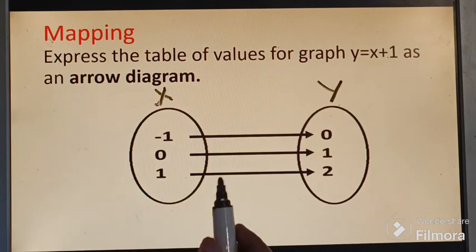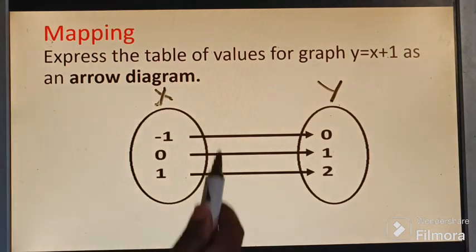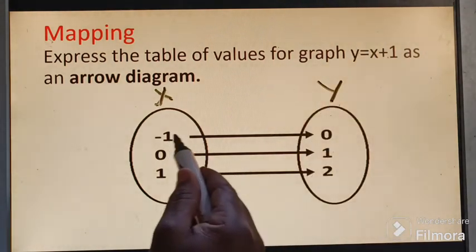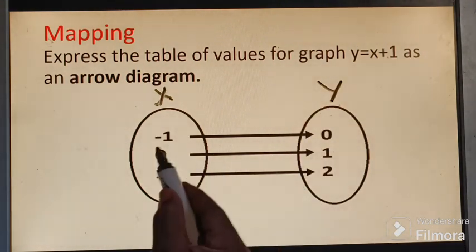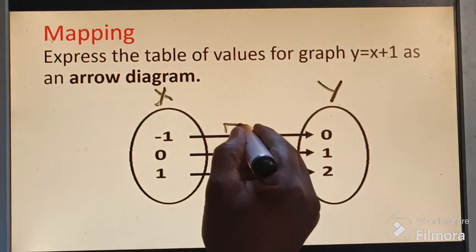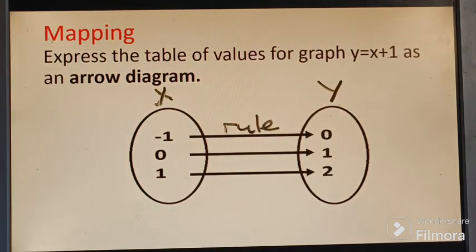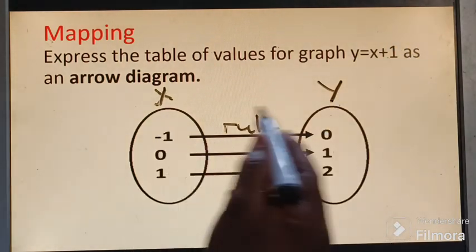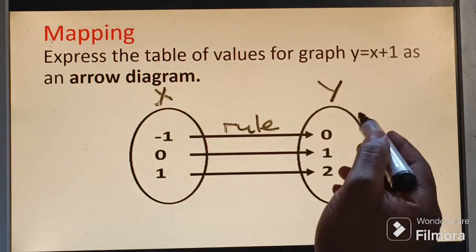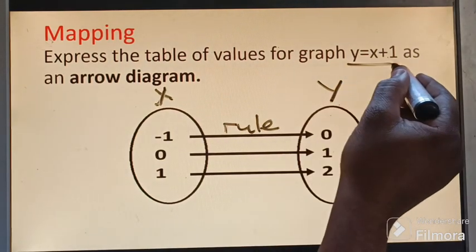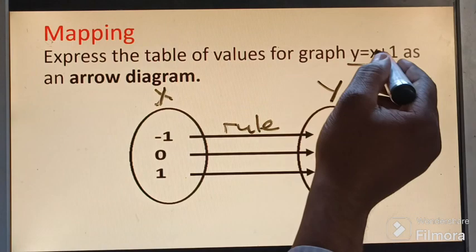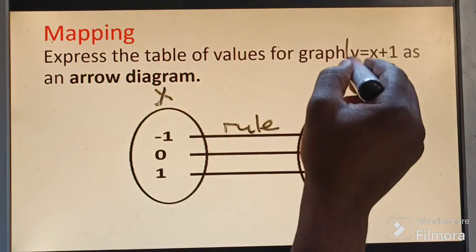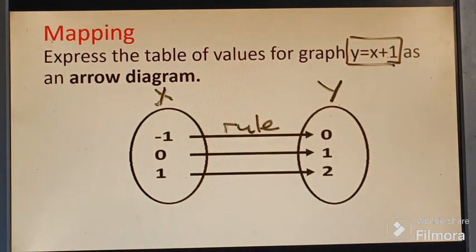Now using the arrow diagram, we have x in one set and y in one set, and we're using the arrows. Remember, what do the arrows mean? The arrow is the rule. So in our case, this is the rule. In order for us to find y, we need to put the values of x into this equation.